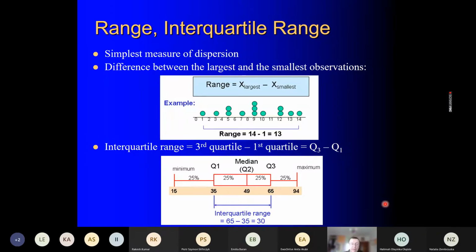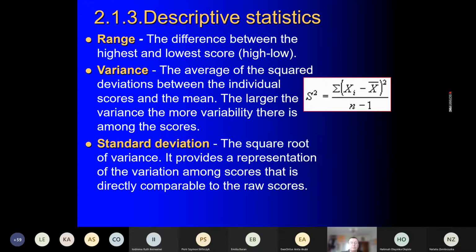It could be compared to the interquartile range, which is the difference between the third and first quartile, where the median represents the exact second quartile value. And again, assessment of range and interquartile range gives us information about the possible presence of outliers and so on.